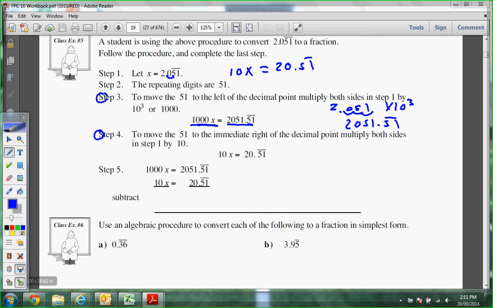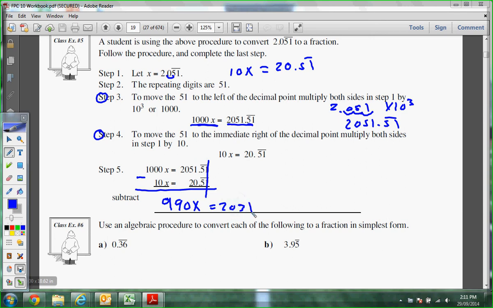And we can subtract equations, and you'll do this more when you're doing systems of equations. So you go 1,000x minus 10x gets you 990x. This minus this, and why does this help us? Because it takes that repeating off. The repeating goes away. So we're going to get 2031.